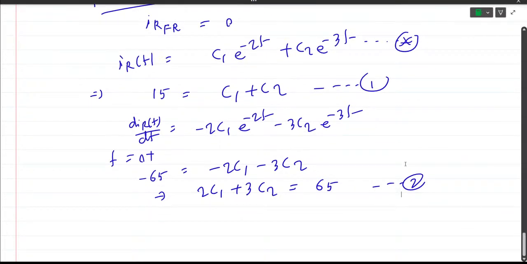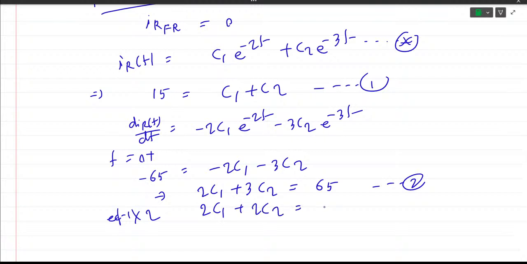Now you solve it. I multiply equation 1 by 2: 2c1 plus 2c2 is equal to 30. So subtract it. That is c2 equal to 65 minus 30, that is 35.